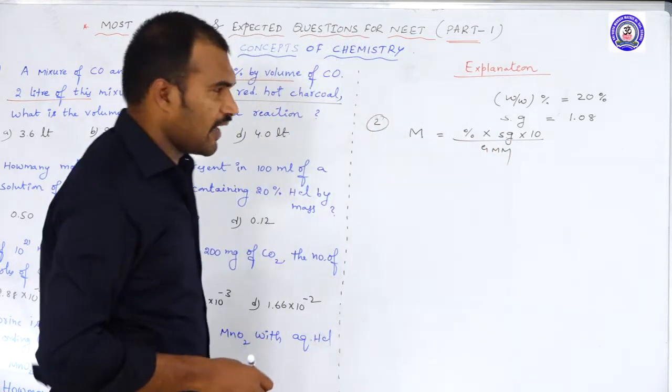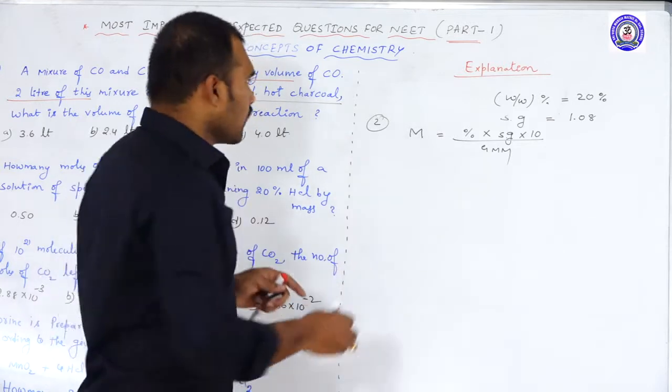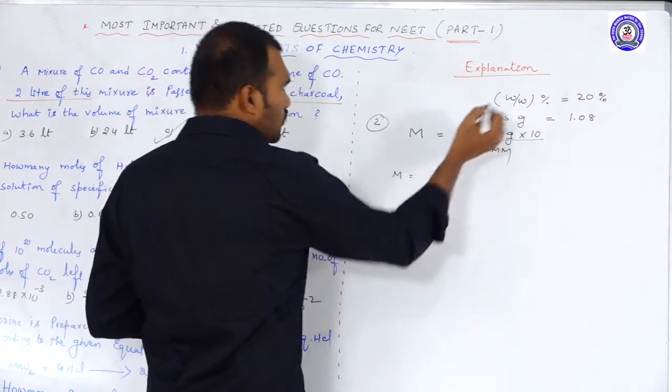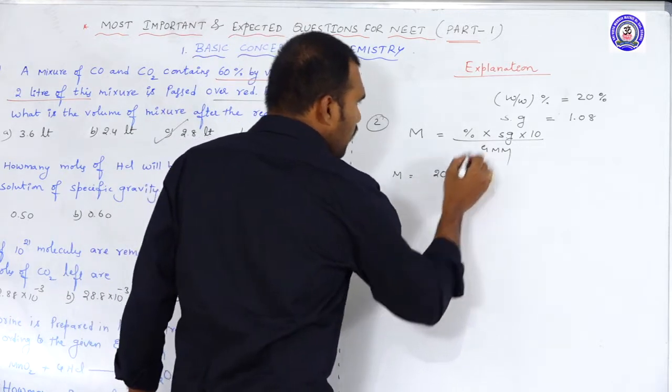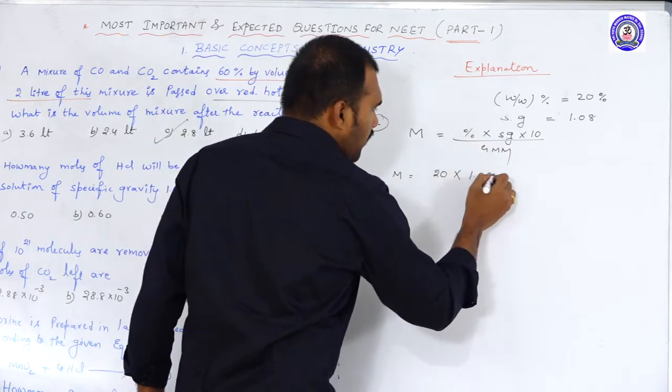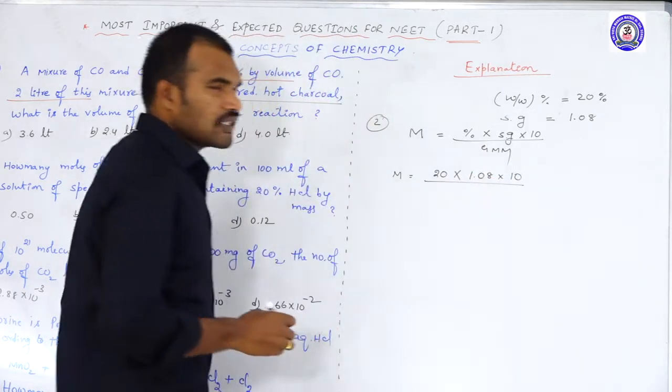That is the direct formula that we already discussed in the concentration terms. Next, just substitute the values: 20 percent, specific gravity 1.08, into 10 by molar mass.